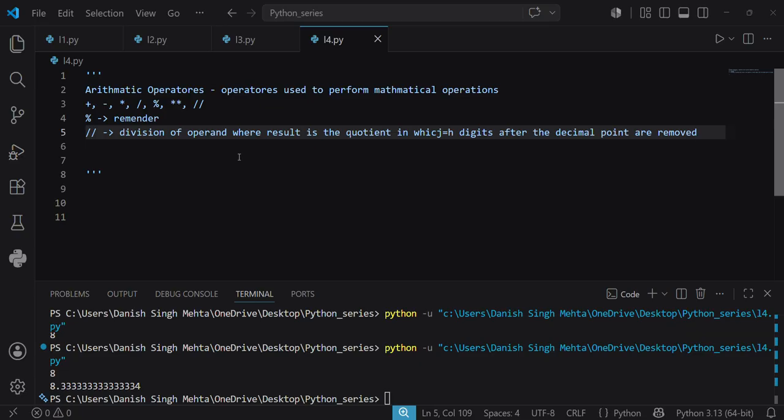Okay, so division of the operand where the result is the quotient in which the digits after the decimal points are removed.